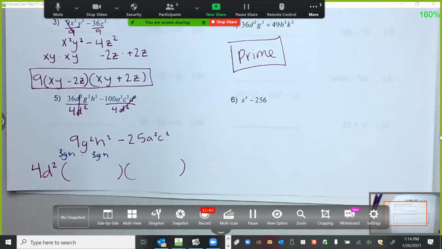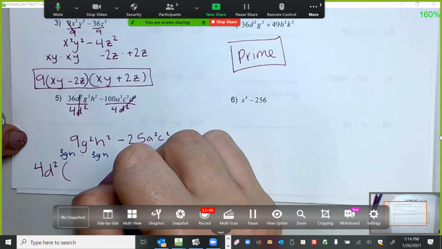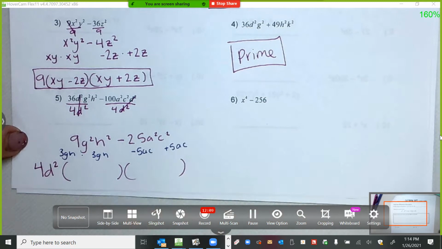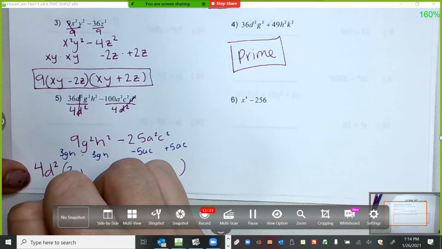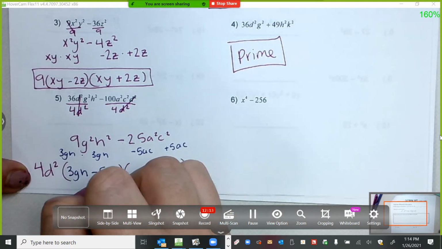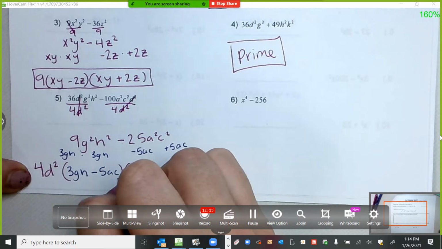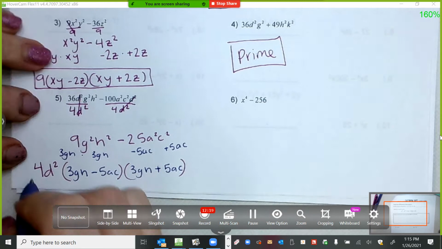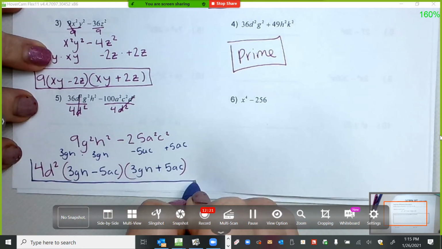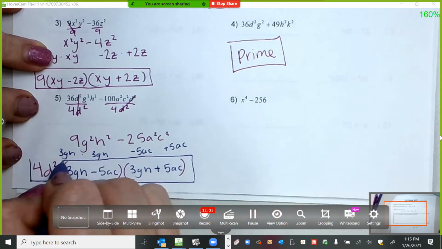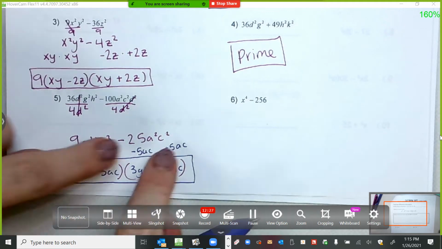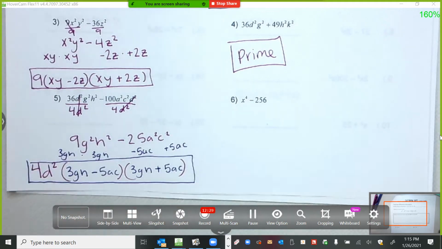Negative 25 is going to be negative 5 and positive 5 with AC. I just separated the perfect squares from those two things and then separated them. 1 plus, 1 minus.